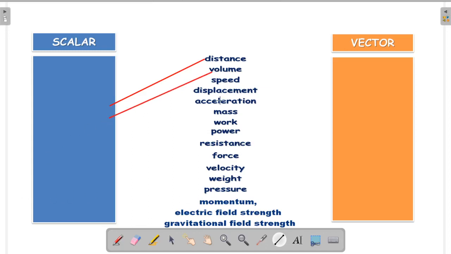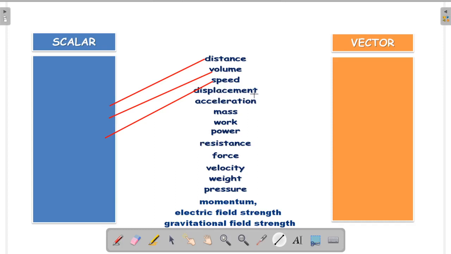It's only magnitude and there is no direction for this. Volume is a scalar quantity. Speed. The rate of change of distance with respect to time is called speed. So distance and time are scalar quantities. For this reason, speed is a scalar quantity.